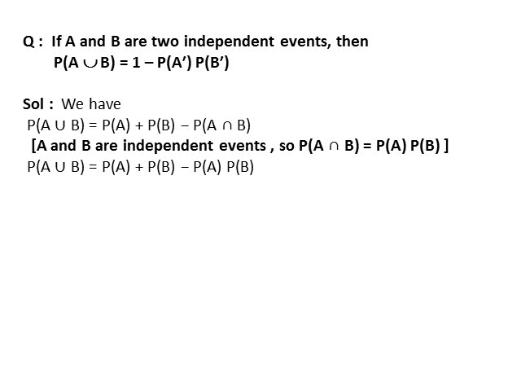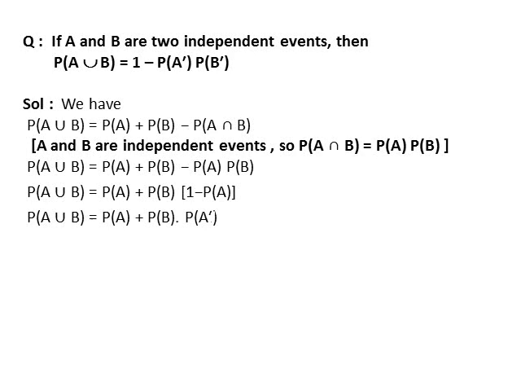Now PB is common from second and third term. Therefore, probability of A union B equals PA plus PB multiplied by 1 minus PA. Replace 1 minus PA with PA complement.